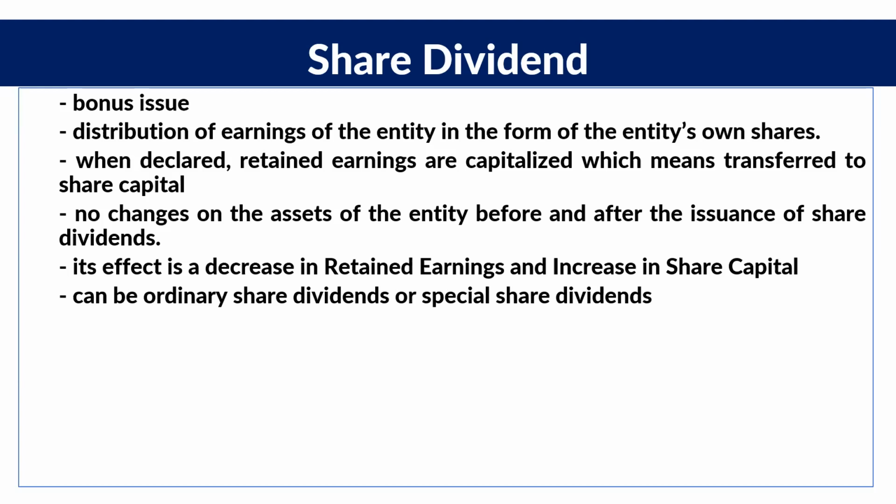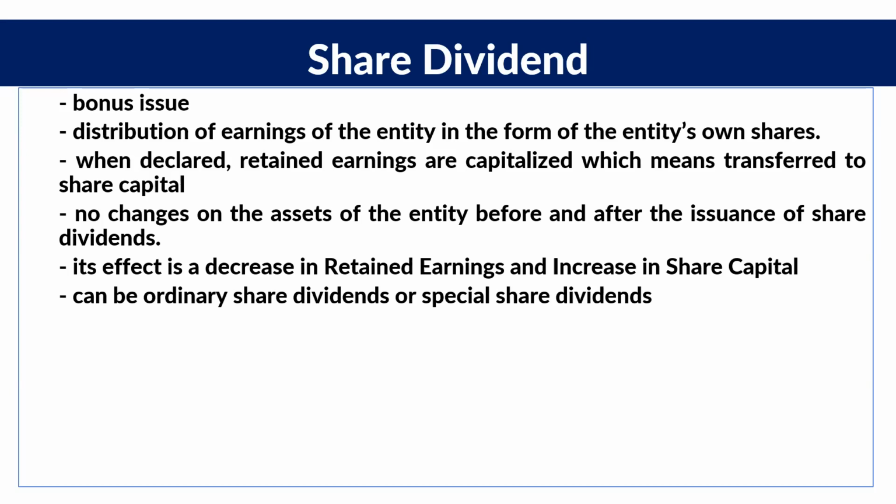And take note, share dividends can be ordinary share dividends or special share dividends. So you say ordinary share dividends, ibig sabihin na kung ang shareholder is holding ordinary shares, they'll also receive ordinary shares. If the shareholder is a preference shareholder, then that shareholder also receives preference shares as dividend. Now, pag sinabing special share dividends, ibig sabihin, class, no?